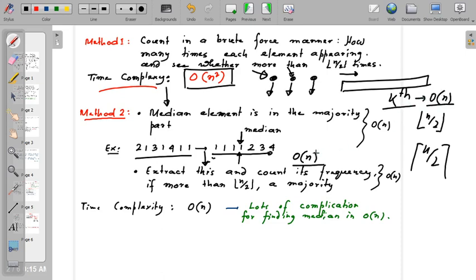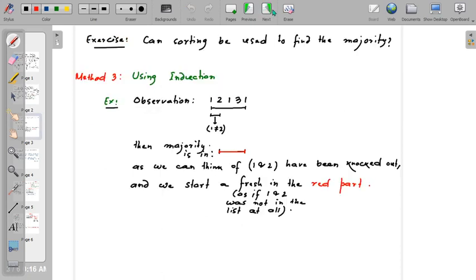Order of n plus order of n is order of n. So this is an order of n time algorithm. But finding the median with the kth smallest element has lots of hidden constant. We have seen that complicated algorithm, right?